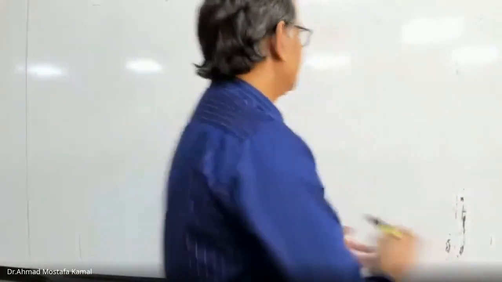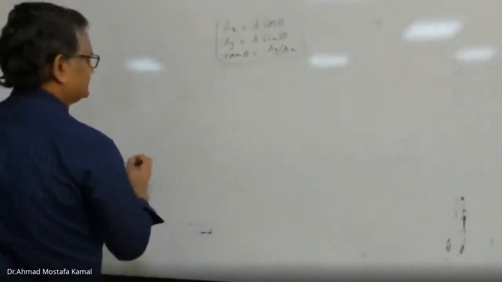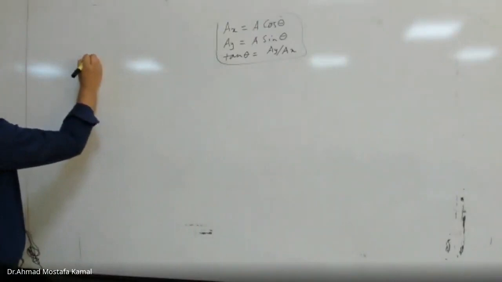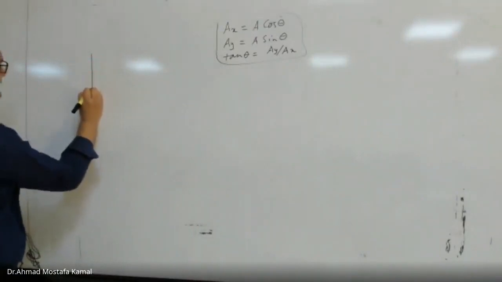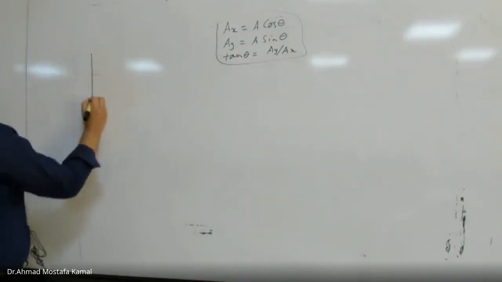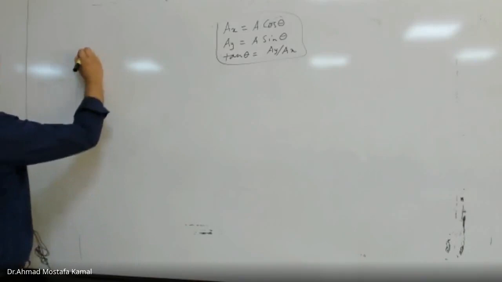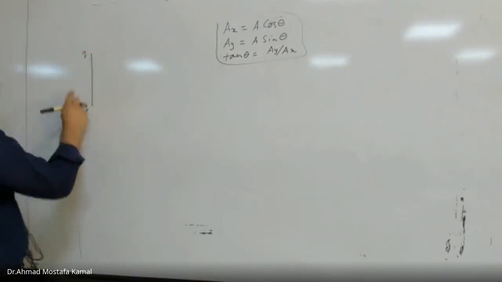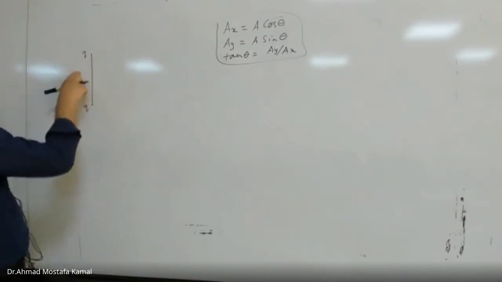Okay, so let me show you what kind of figure it is. Let us take two charges within a short distance, a short distance for our convenience. We are taking two charges, q and q. They will have equal magnitude.